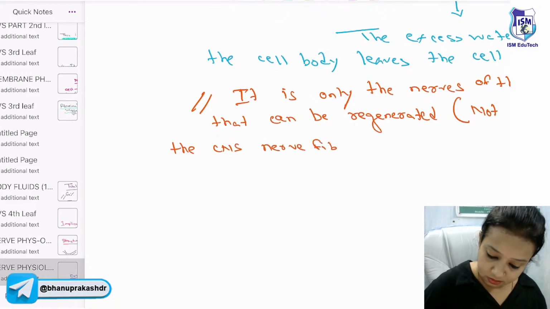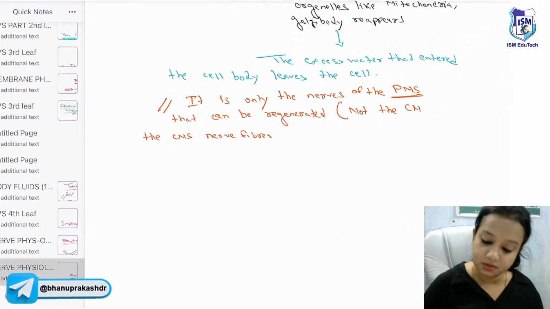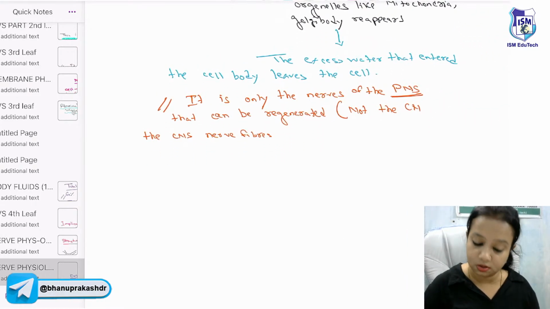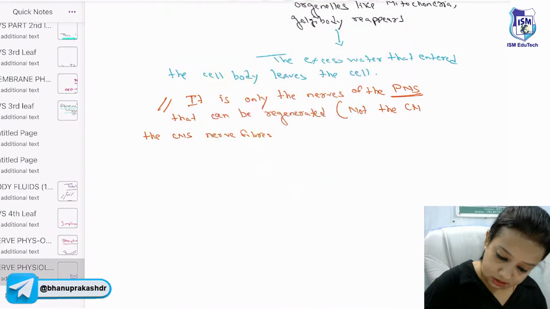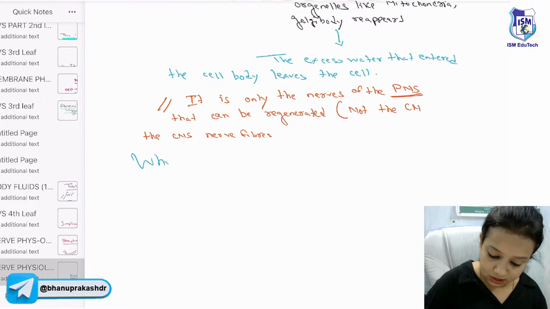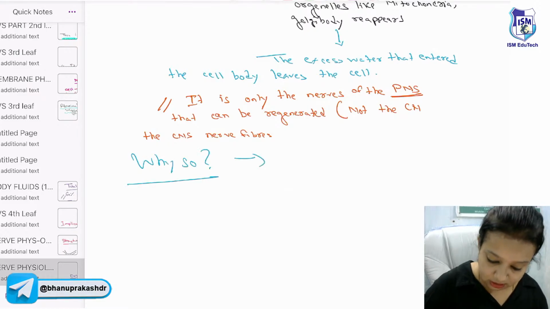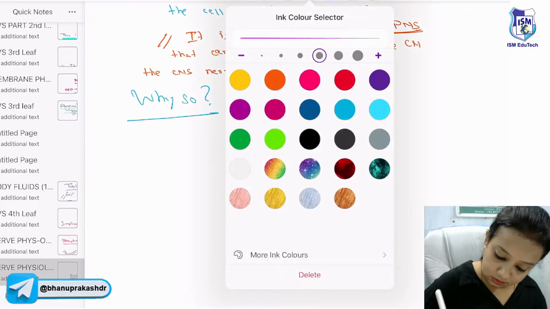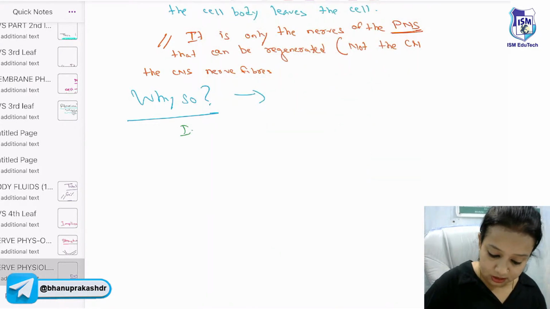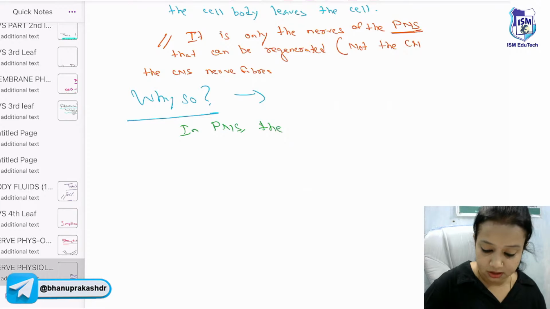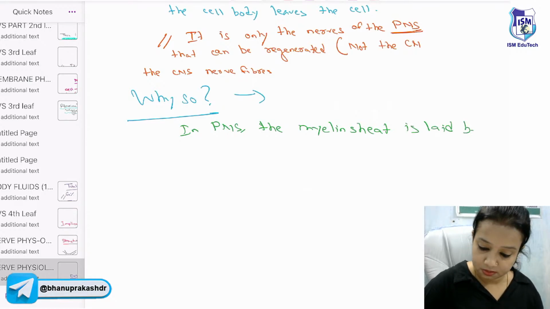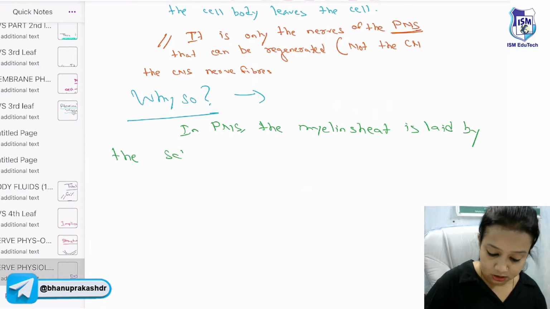Now, what is the reason behind that? Why is this not possible? The reason is that in the peripheral nervous system, the myelin sheath is laid by the Schwann cells.